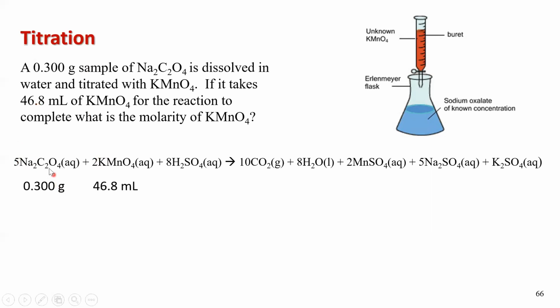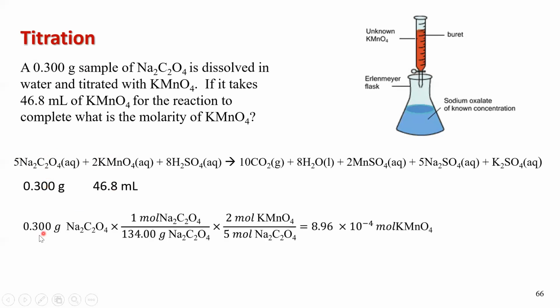All right, so we kind of write down underneath what we're given, just makes it a little easier. So we have 0.300 grams of our sodium oxalate and 46.8 milliliters of our unknown solution. All right, let's take the 0.300 grams of sodium oxalate and first convert it to moles.